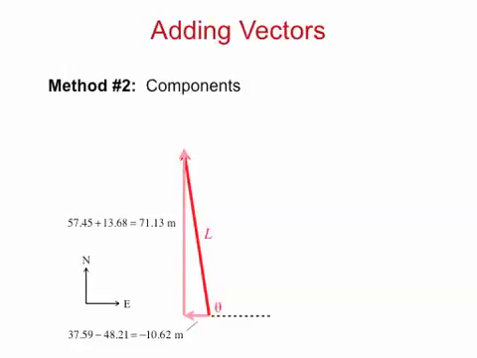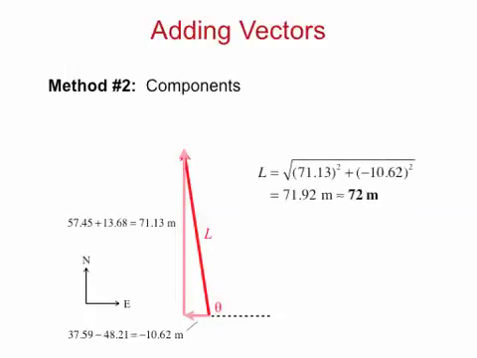Well, we can use the Pythagorean theorem to get the length. L is equal to the square root of 71.13 squared plus negative 10.62 squared, which equals about 72 meters. We can get the angle theta, which gives the direction of the resultant relative to east, using trigonometry.